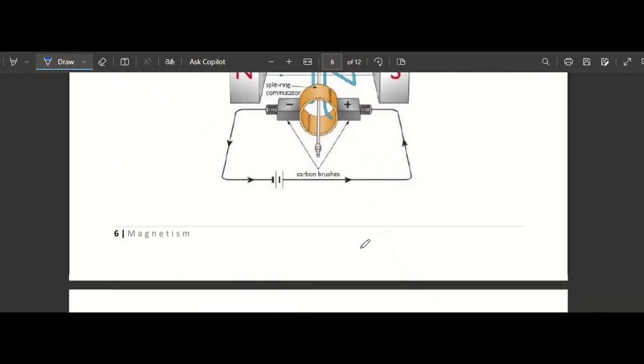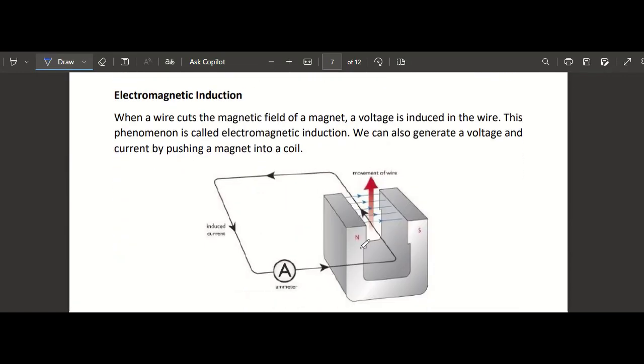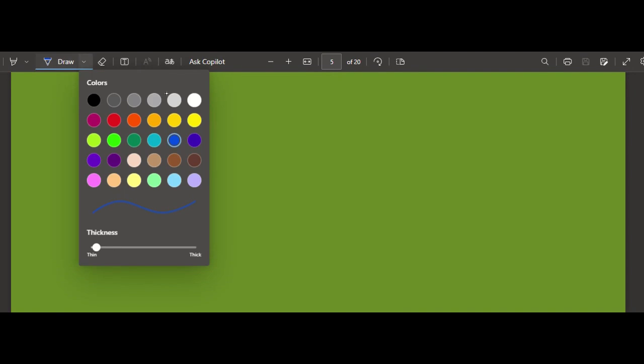And I'm going to start discussing electromagnetic induction. Now if I go to the board there, electromagnetic induction, check the spellings.